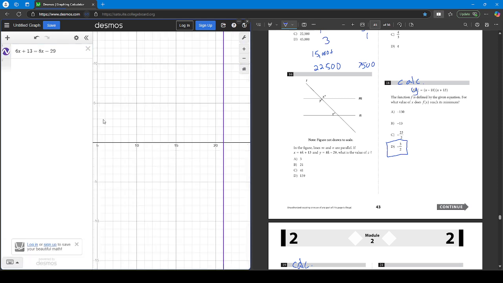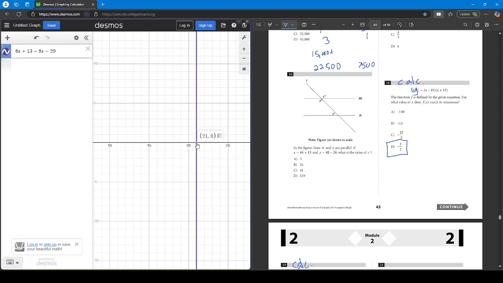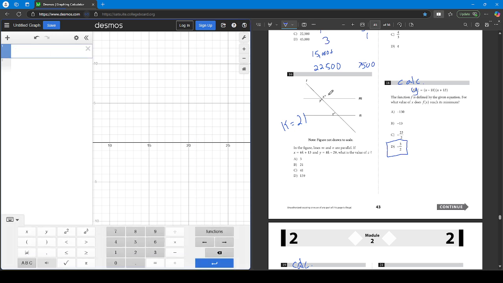Now I know that k equals 21, but k is not z. So if k equals 21, then what's angle x or angle y? I just need one of them. So 6 times 21, plus 13.